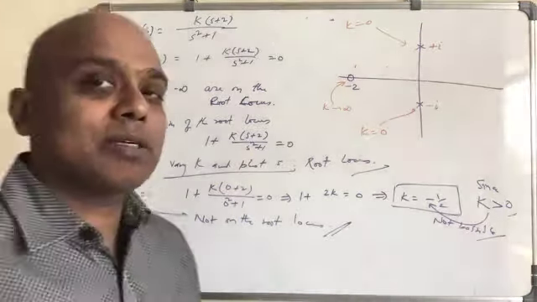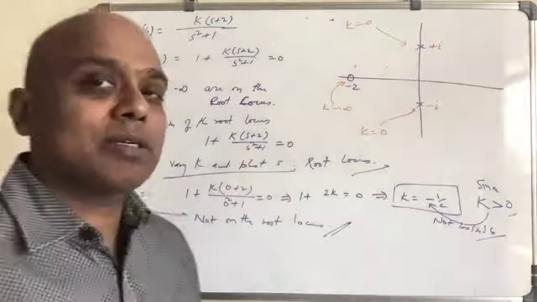So just by checking, you can find out that this is on the root locus, but there is still a missing link. We still don't know exactly how it looks. We are just checking some points, but we have to actually find out the complete picture.